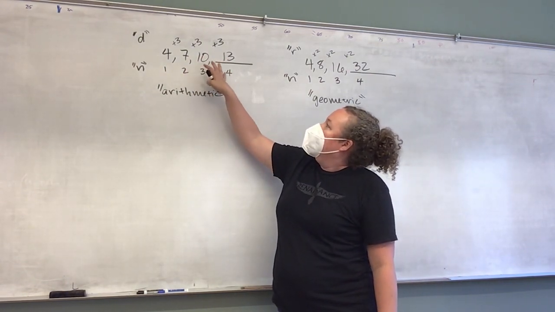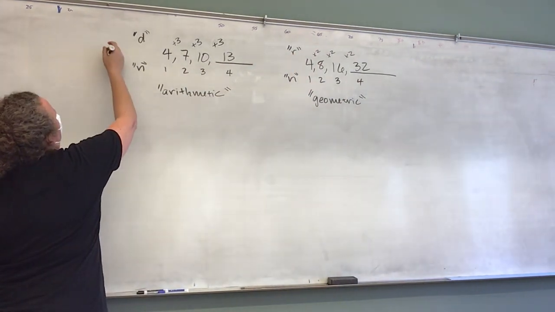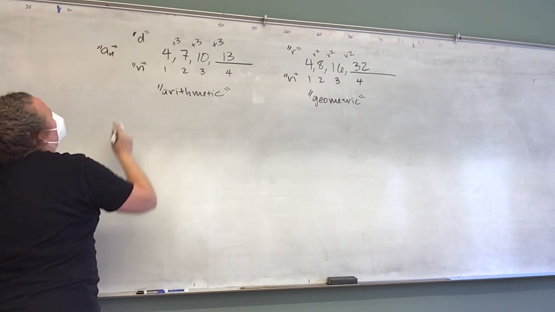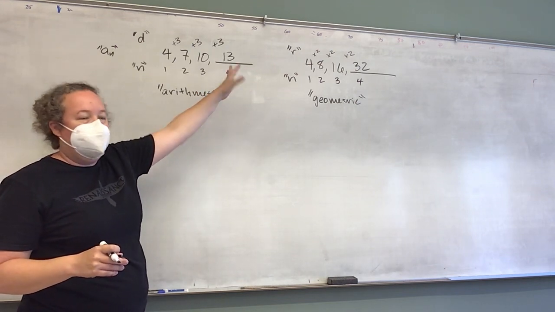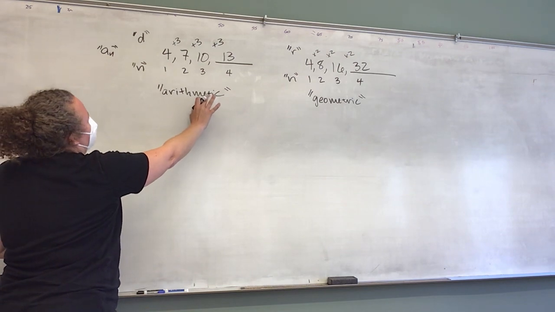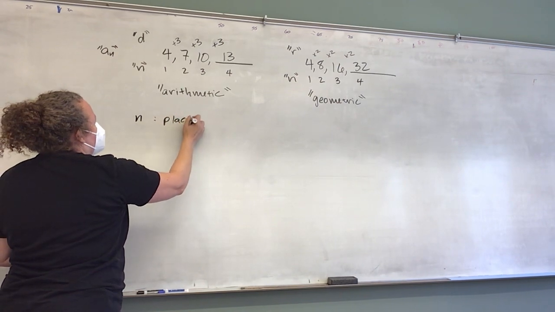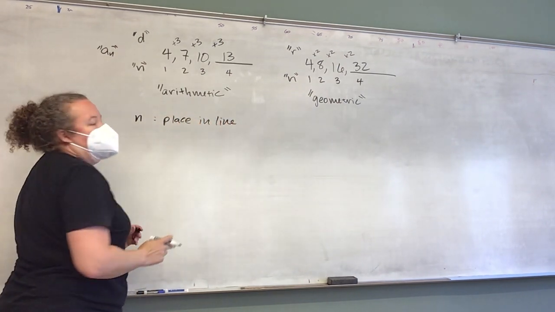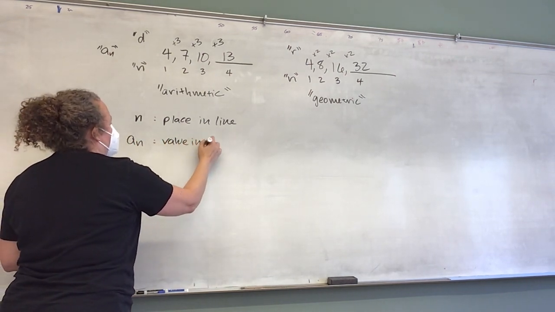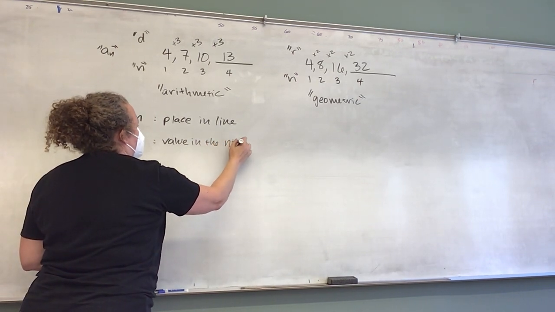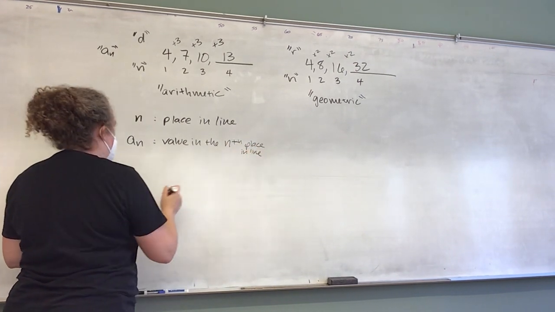So we have, and this is an important point that you're making here, Gio, that the value that is in a particular place in line is a sub n. So we've introduced a lot of friends here. We've got n, which is the place in line. We've got a sub n, which is the value in the nth place in line.